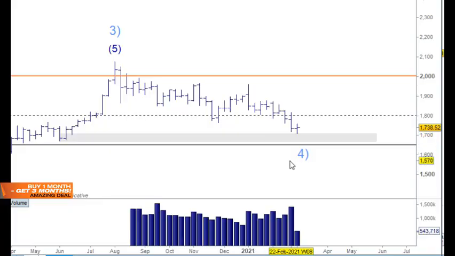So corrections would be, if this tries to move up here, which it is at the moment, it's trying to move up here. If it moves up here on lower volume than the previous bar here, so we won't know that until Friday's close, and it might be a bit of a mixed bag.